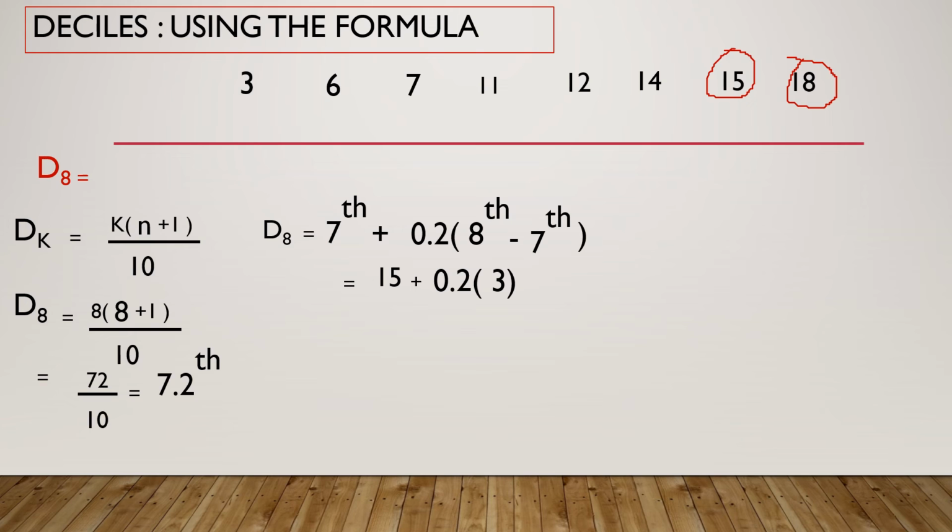And then 0.2, multiply first before adding. So 0.2 times 3, that is 0.6 plus 15. And that is equal to 15.6. Okay? That is now the value. 15.6 here, between 15 and 18.